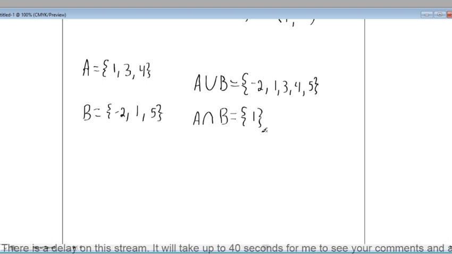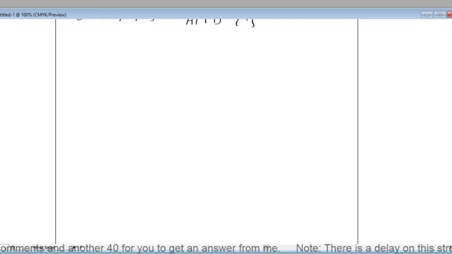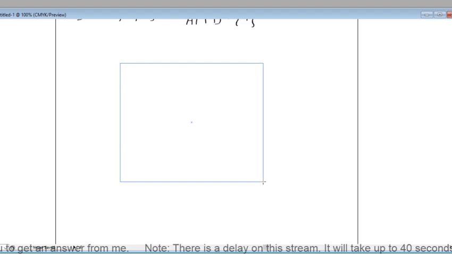So union and intersection are kind of strange operators. They are very powerful, though. They do really interesting things when you get into a little higher level algebra. In fact, let me show you an example. So let's have a square here.